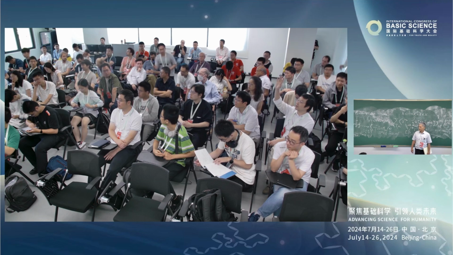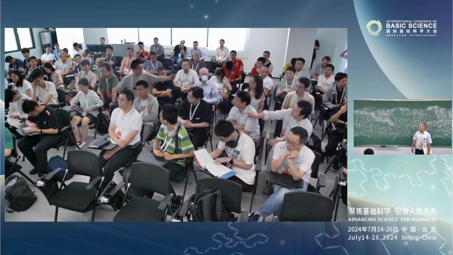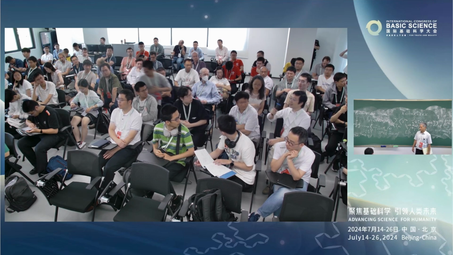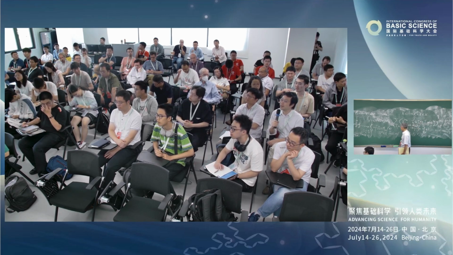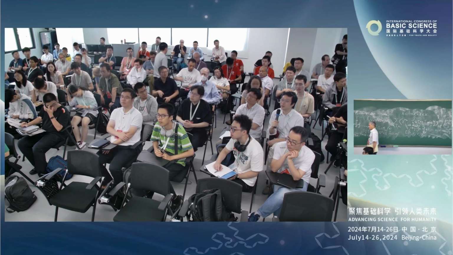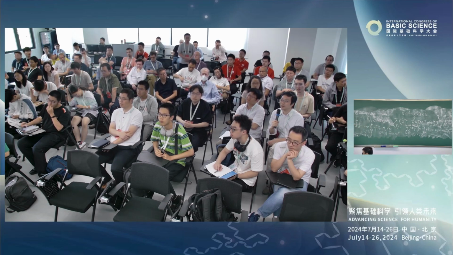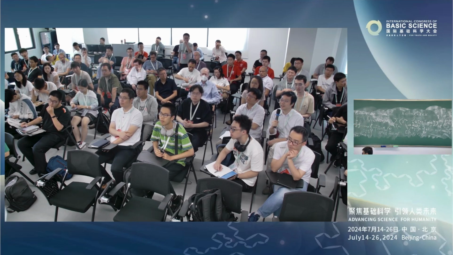Questions? I have a very naive question. You mentioned that when E1, E2, E3 are equal, then the derivative is 0, right? Yes. And how about the higher derivative?